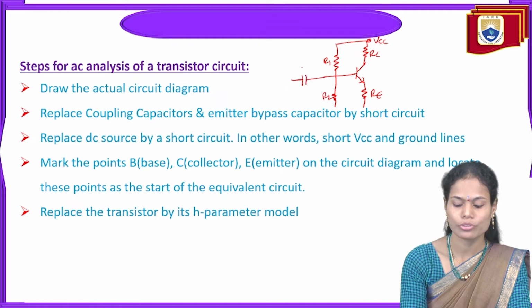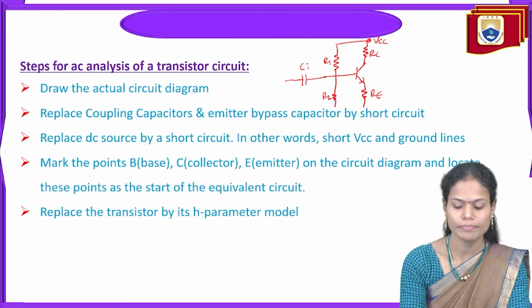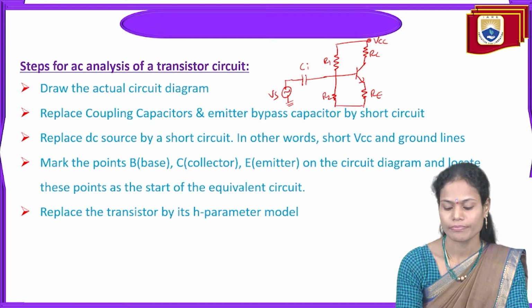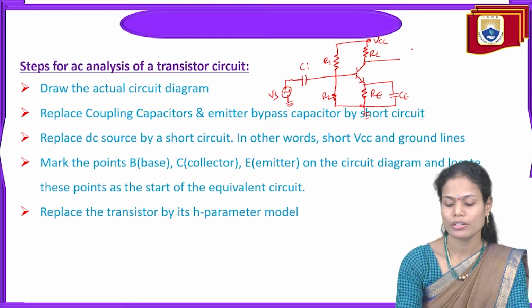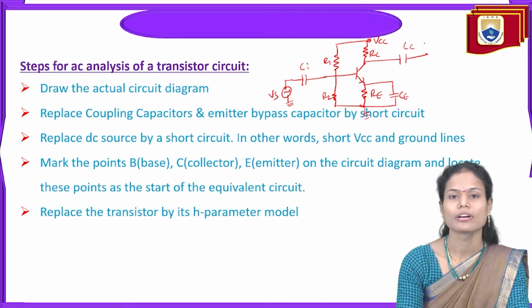And for this circuit, through the coupling capacitor or input capacitor, we are providing the voltage or input signal. And next, we are also having the emitter bypass capacitor CE here. And to take the output, we are using the coupling capacitor, C out, to measure the output voltage of this particular amplifier circuit.